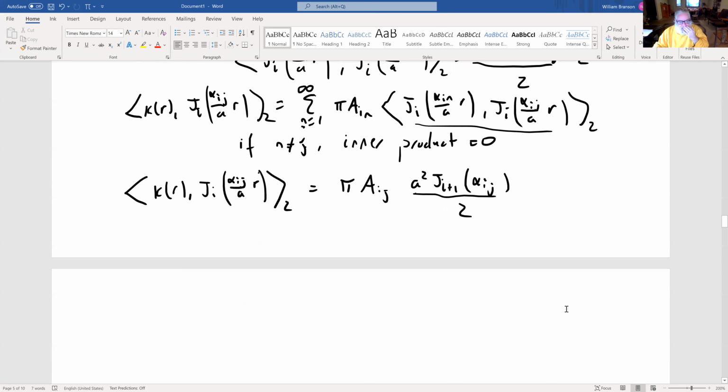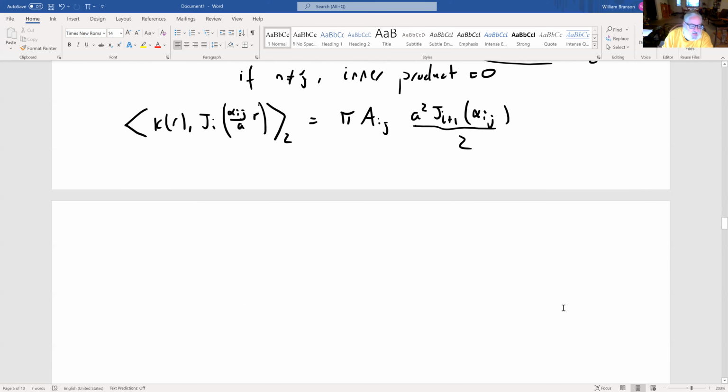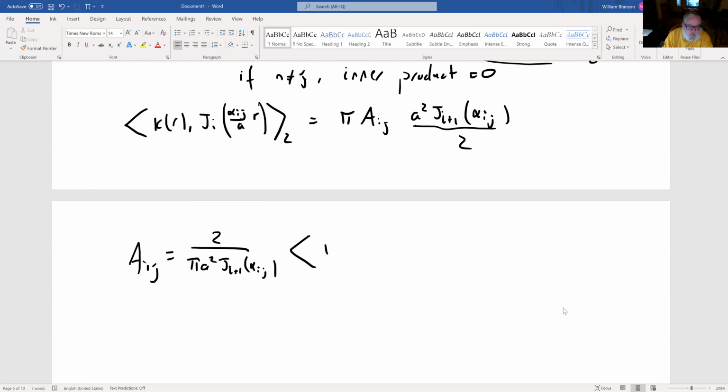Great. So after all that, what does this equation tell us? It actually gives us an equation for a I j, which is all the a terms. So a I j is 2 over pi a squared j sub I plus 1 of alpha I j times inner product 2 of k of r with j sub I alpha I j over a r.